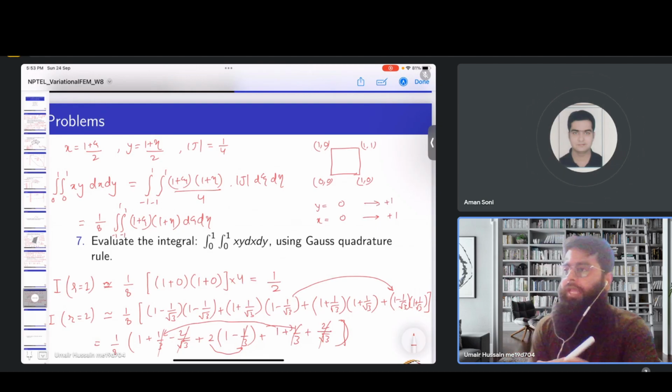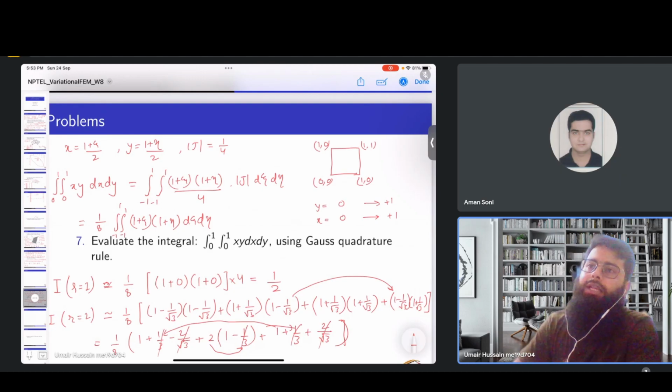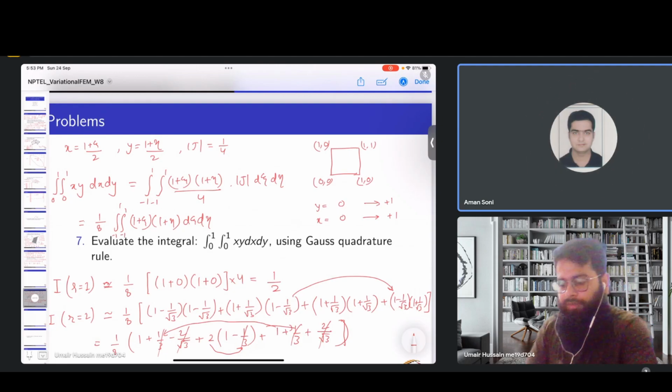So this is actually the case of the 2D field. It's an area integral over a square of size 1 from 0 to 1.